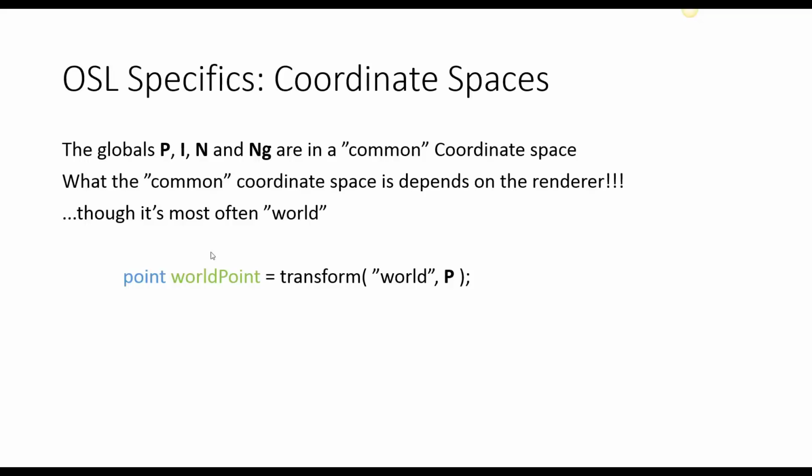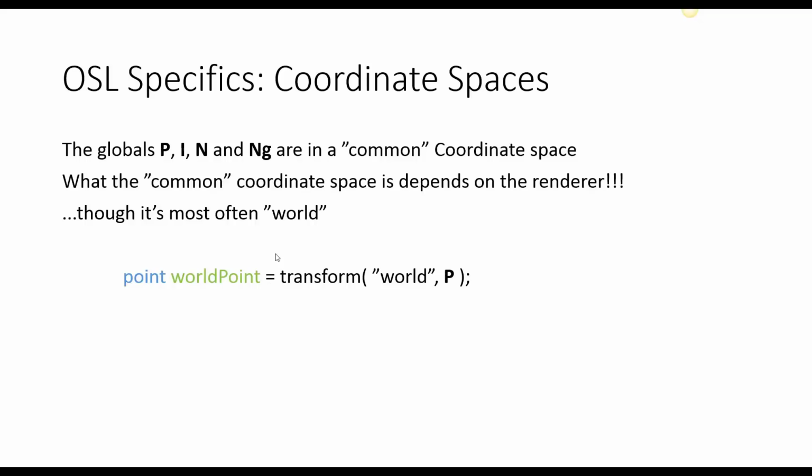We declare a point called world point that we set to transform world, within quotes, of P. This will take the point P, convert it to world space, and drop it in our variable world point. So by writing this, we know world point will be in world space. Now, since in Max the P is already in world space, this will actually do nothing. It will be exactly the same as just saying point world point equals P.